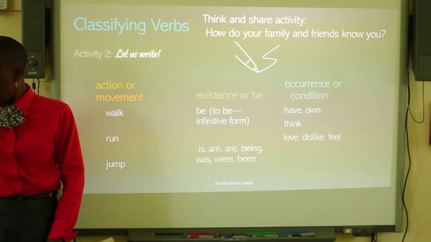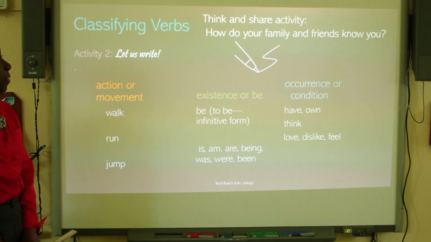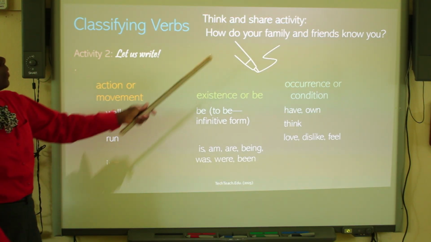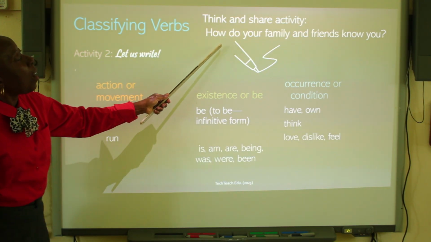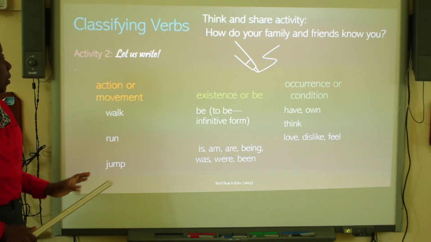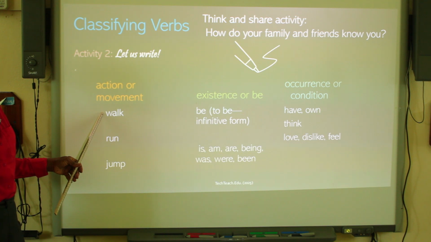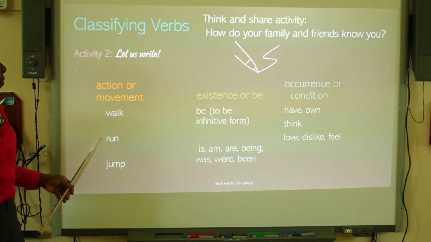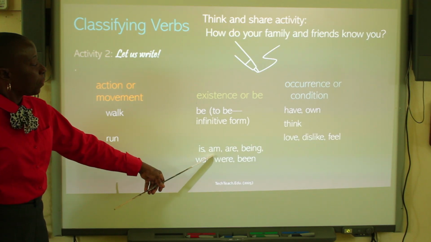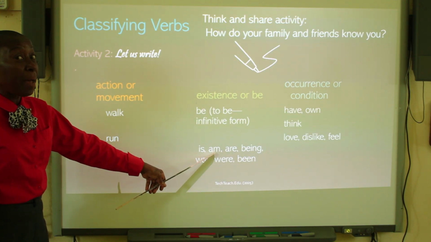And now we could probably do a little bit of writing. So let's look at walk. Think and share. How do your family and friends know you? My family knows me by how I walk. They know me by how I run. I am a girl or I am a boy.